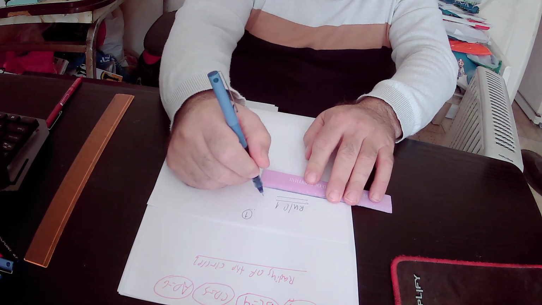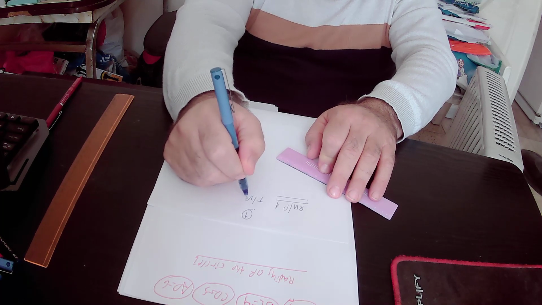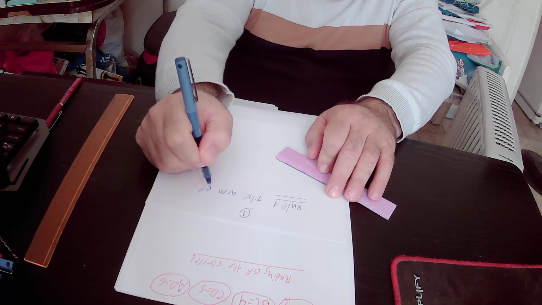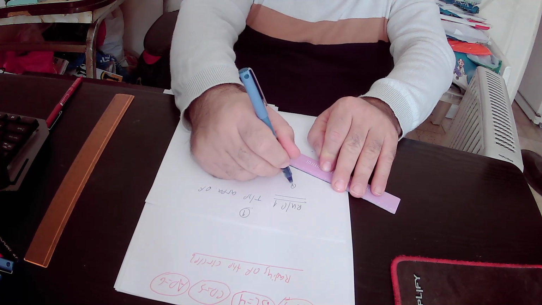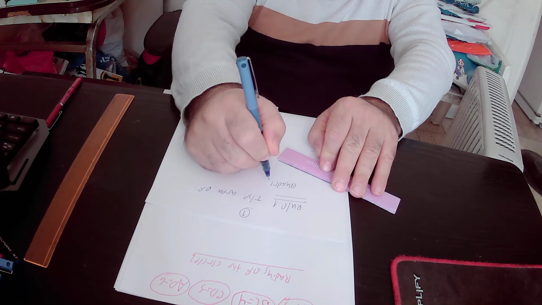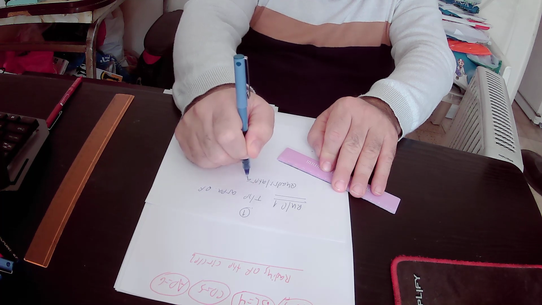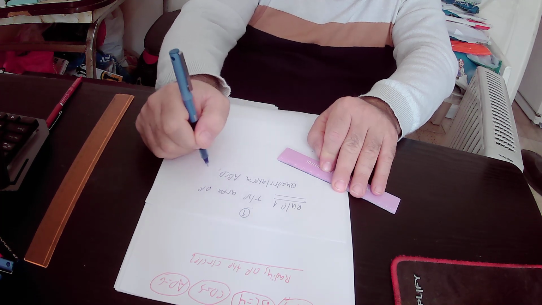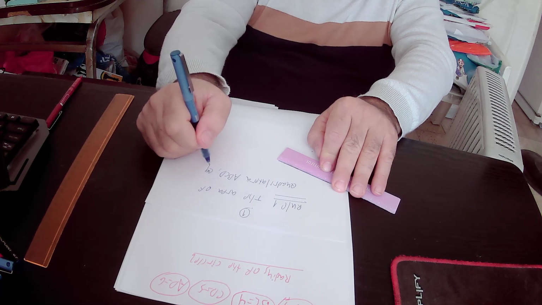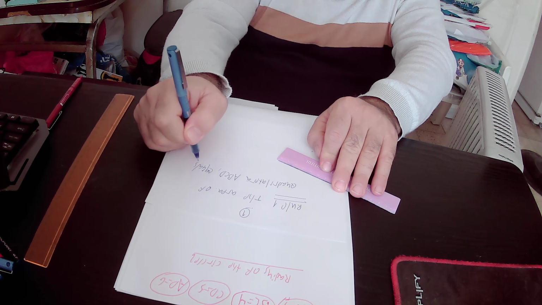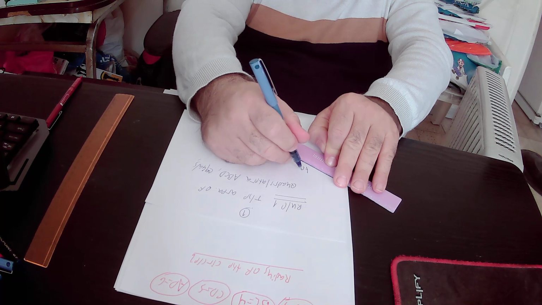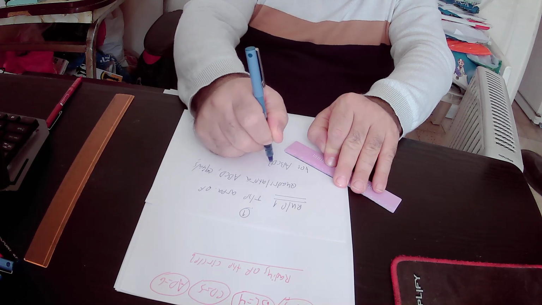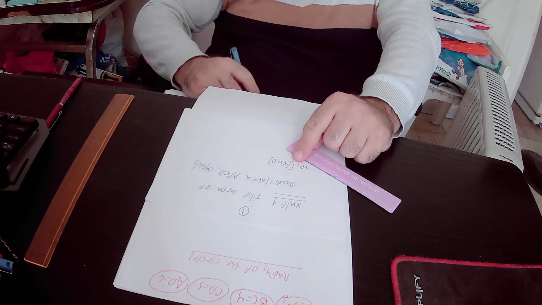the area of quadrilateral ABCD equals to, actually that is the sign of area.